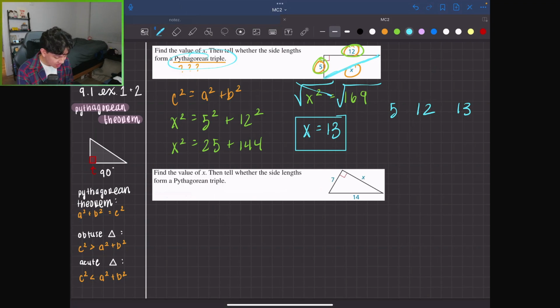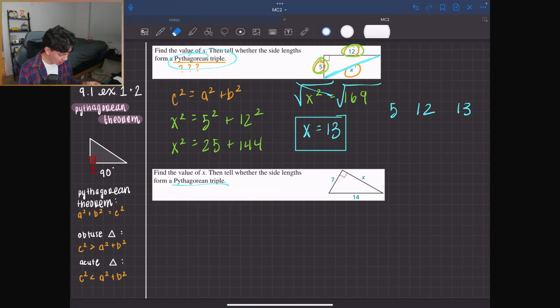Let's try out the second one. Find the value of x, then tell whether the side lengths form a Pythagorean triple. Let's do the same exact thing. Just remember that the Pythagorean theorem is c squared equals a squared plus b squared, or a squared plus b squared equals c squared. Let's write it like that, actually, just to give it a little bit of diversity.